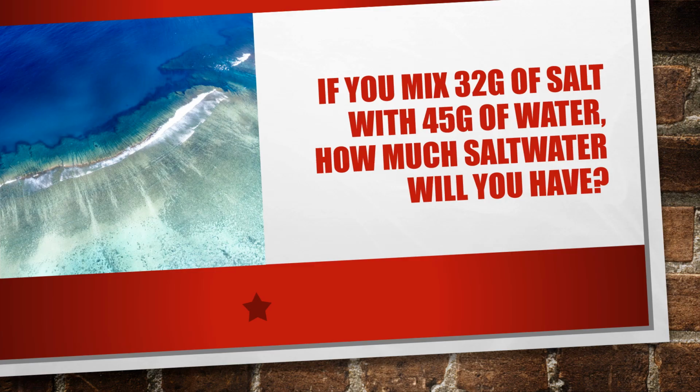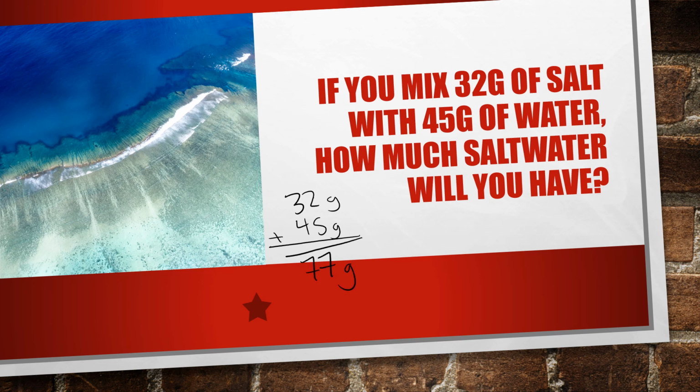Okay, next question. If you mix 32 grams of salt with 45 grams of water, how much salt water will you have? Well, guys, this goes back to the law of conservation of mass. To solve this, you simply take 32 grams and add 45 grams. So 2 plus 5 is 7, and then 3 plus 4 is 7.